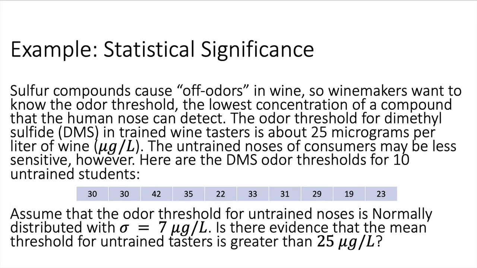Here are the dimethyl sulfide odor thresholds for 10 untrained students. Assume that the odor threshold for untrained noses is normally distributed with standard deviation of 7. And we'd like to know, is there evidence that the mean threshold for untrained testers is greater than the 25 micrograms per liter of trained wine testers?